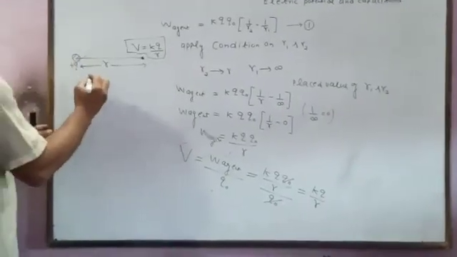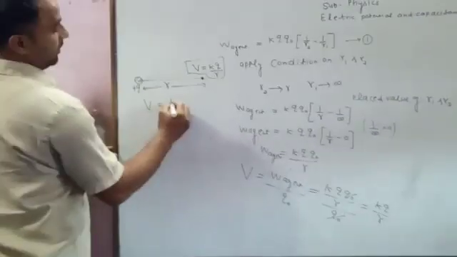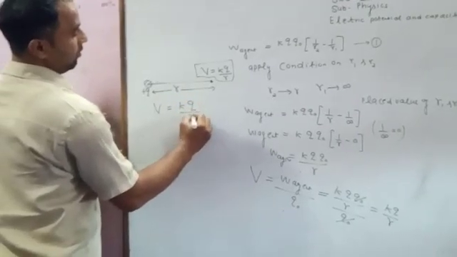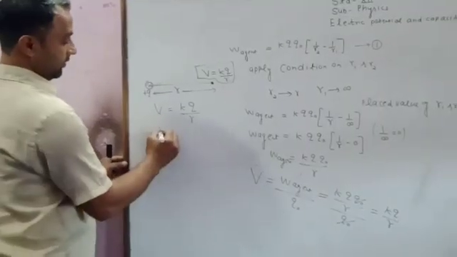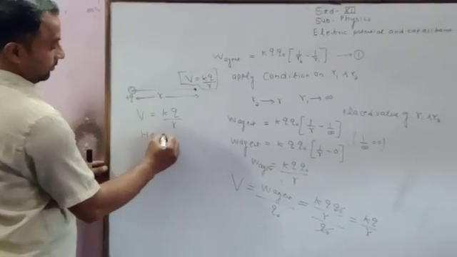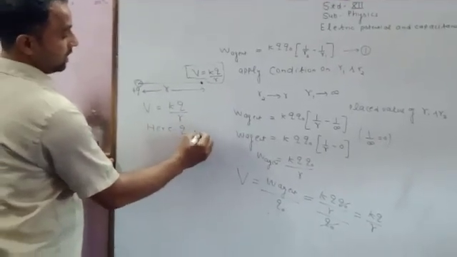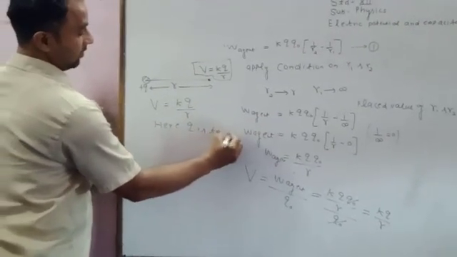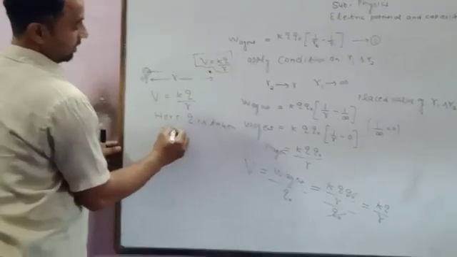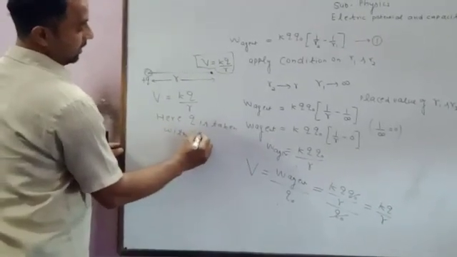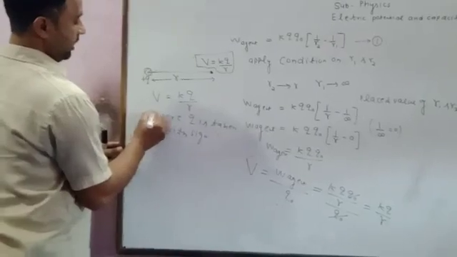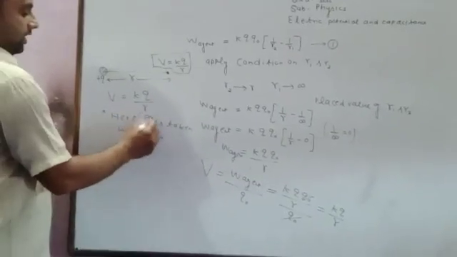In V equals KQ by R, Q is taken with sign. This is the important point here. Q is always taken with positive or negative values.